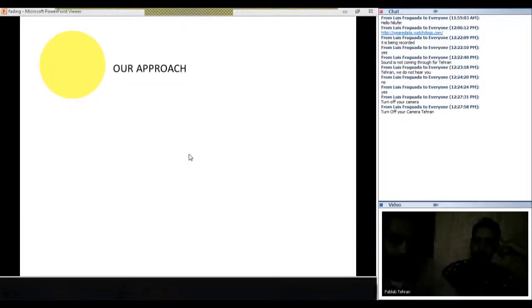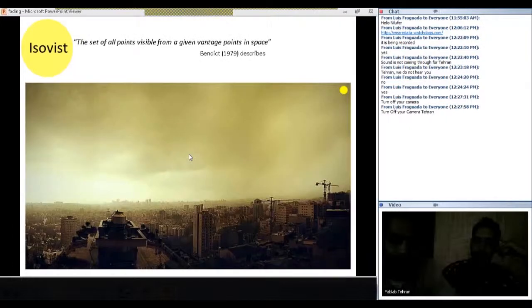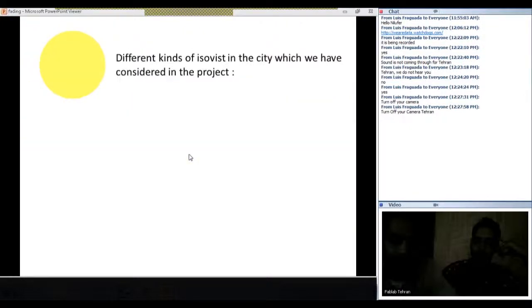So our approach is to determine a factor called isovist to determine it. Isovist, as Benedikt described in 1979, is the set of all points visible from a given vantage point in a space. So we are going to examine different kinds of this factor in our project.